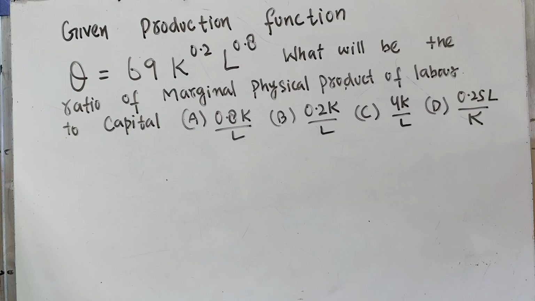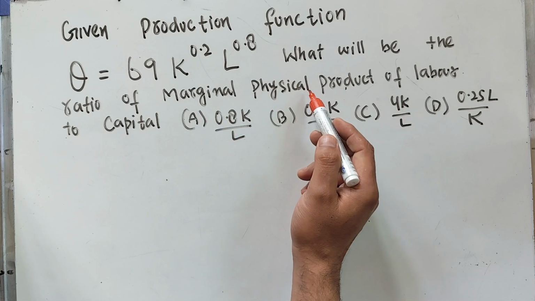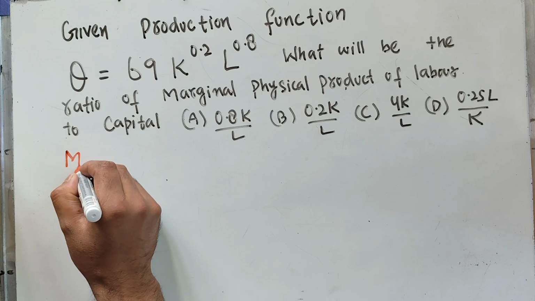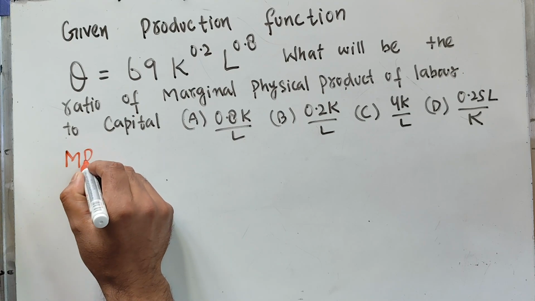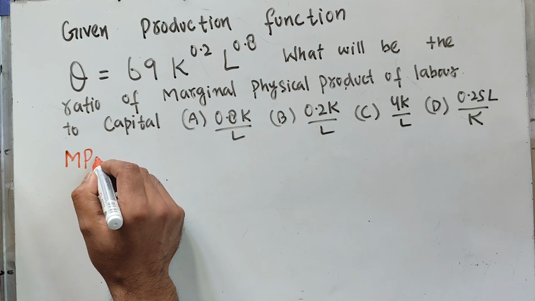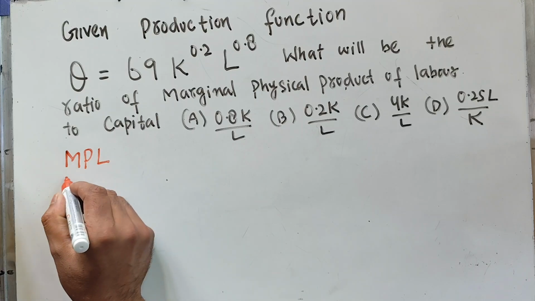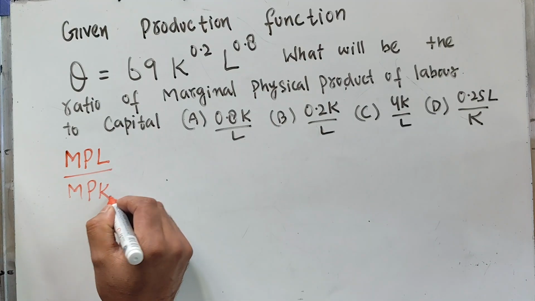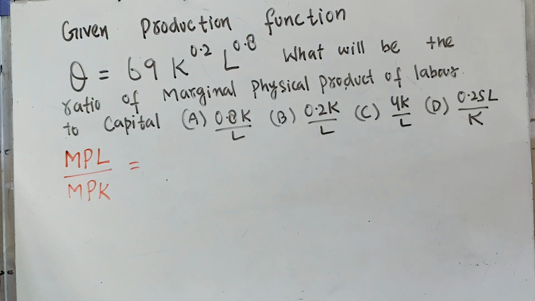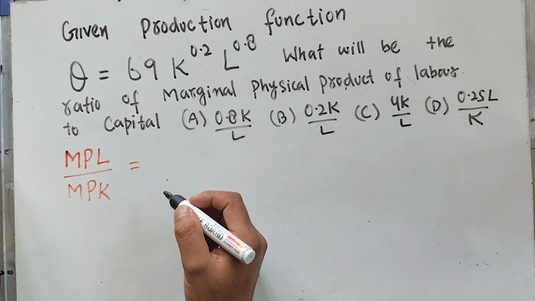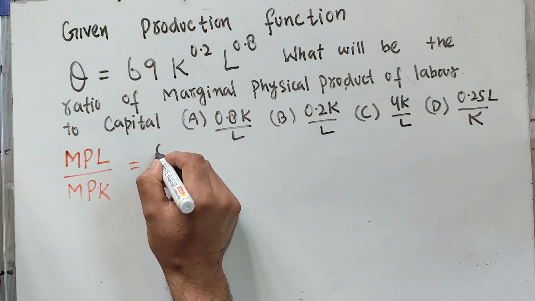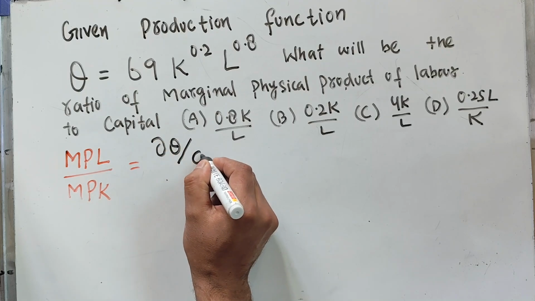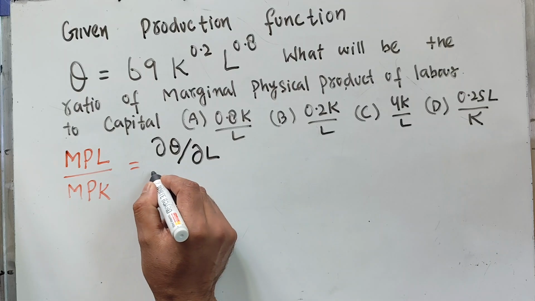Okay, so the marginal physical product of labor to capital ratio, that means the marginal physical product of labor upon the marginal physical product of capital, will be equal to... Okay, so the marginal physical product of labor means the change in the output due to the change in the units of labor employed.